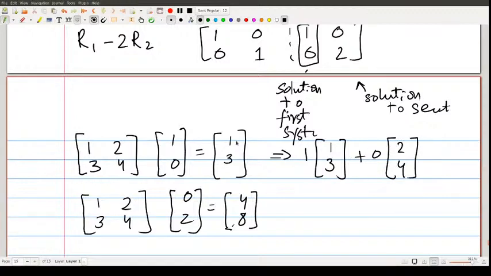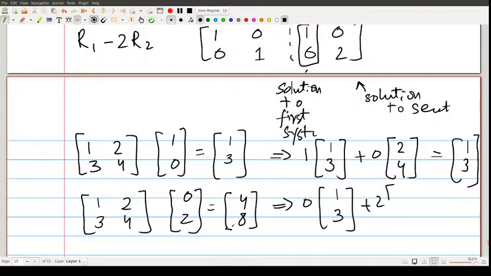And of course, when you do that, you get the correct right hand side, 1 3. And if you take this one, you're saying take 0 times the first column and 2 times the second column, and of course that gives you the correct result, 4 8, right? So this was an easy system to solve.